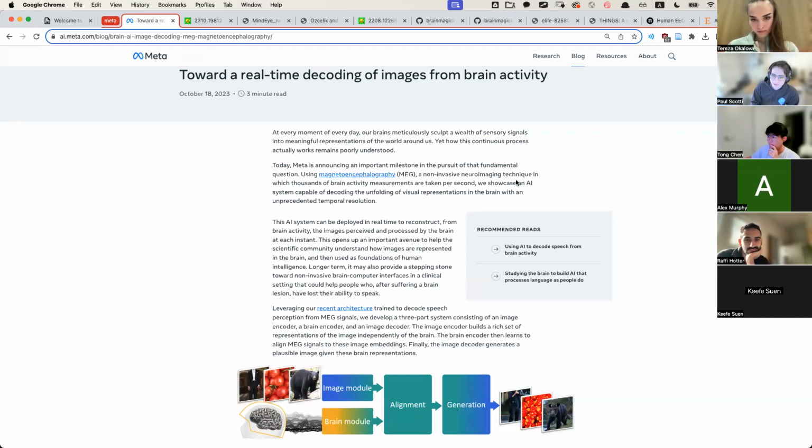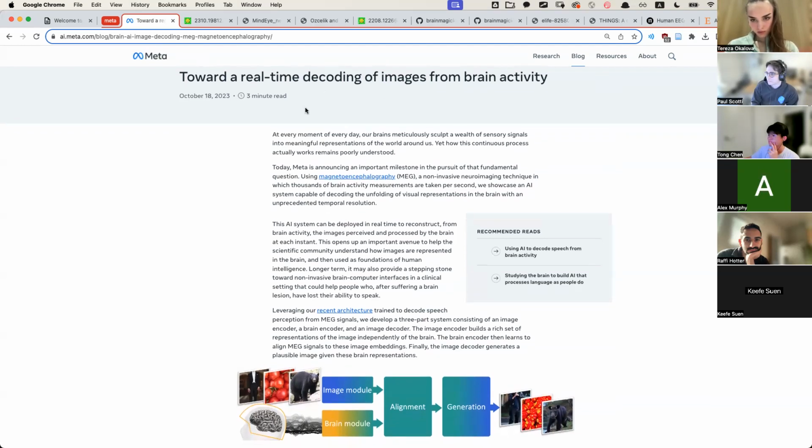Let me give a brief overview of the MEG-fMRI distinction. The whole aspect of this paper is saying we can do this with MEG. That's really important because then we can apply these decoding models to real-time applications at the millisecond level.